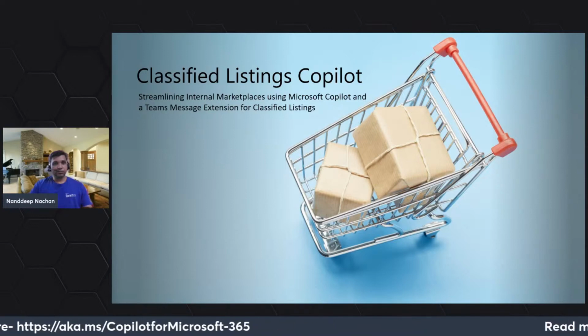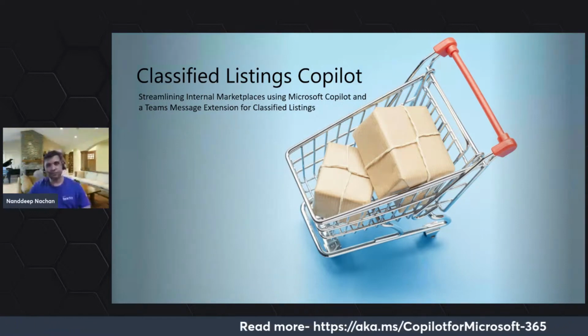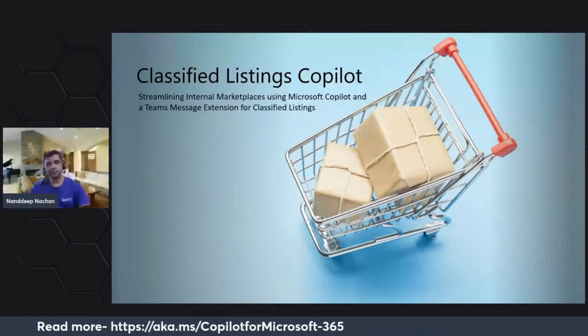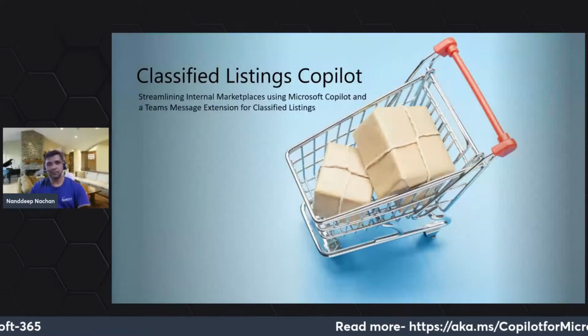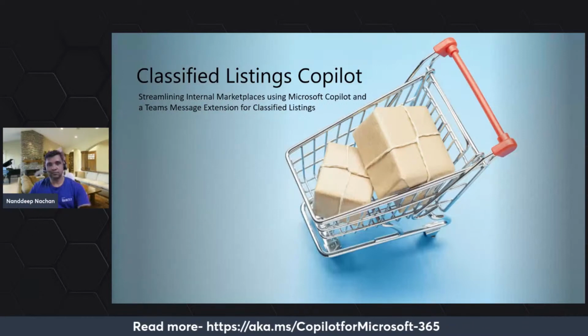This is the scenario behind that, and then we will go for the demo as well as the coding part. So here is an example use case for this Copilot for a company's internal marketplace. The employees use Microsoft Teams and the Copilot to post the items they want to sell or rent, like office furniture and electronics.